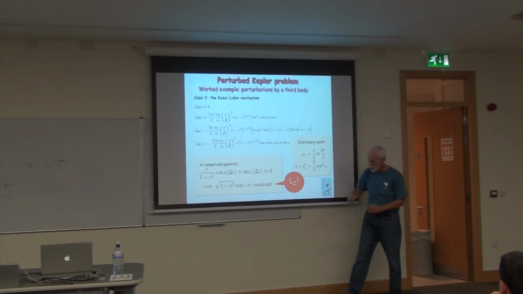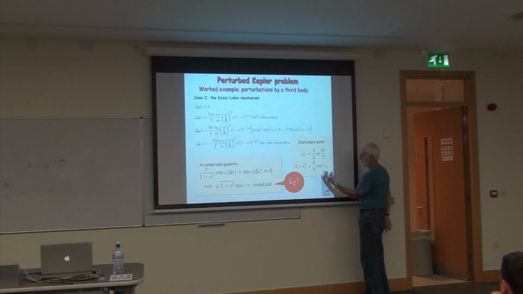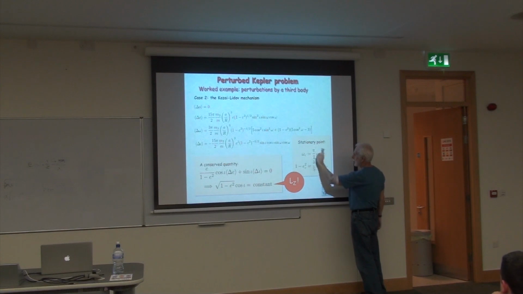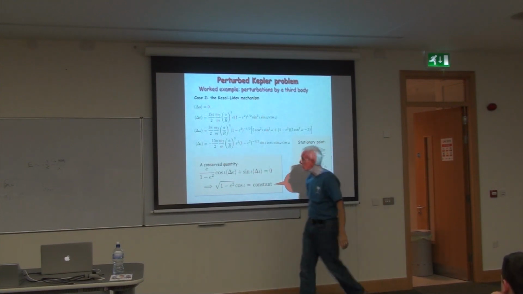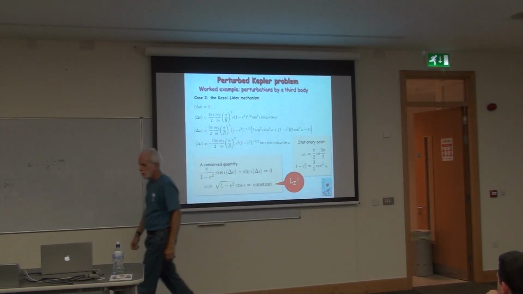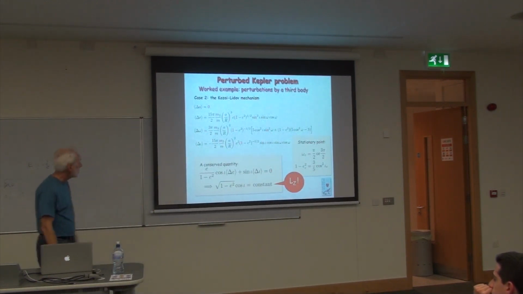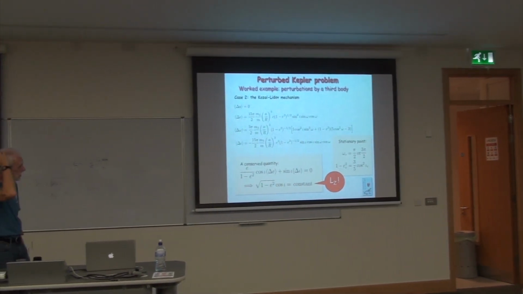particular stationary point. And then, of course, they don't stay there exactly. There are perturbations, but they tend to oscillate around this stationary point with particular frequencies called Kozai resonances. And this phenomenon was discovered independently by Kozai in Japan and Lidov in the USSR.